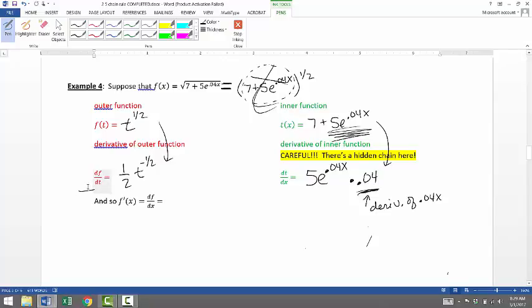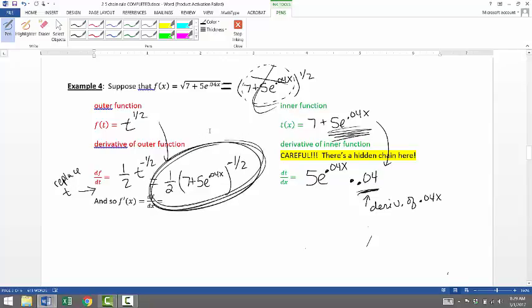Over here, we have the derivative of the outer function, 1/2 t to the negative 1/2, and we always got to go in and replace that t with what t is equal to. So in this case, it'll become 1/2 times (7 plus 5e to the 0.04x) raised to the negative 1/2. That is the derivative of the outer function.